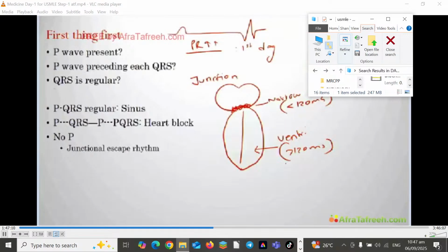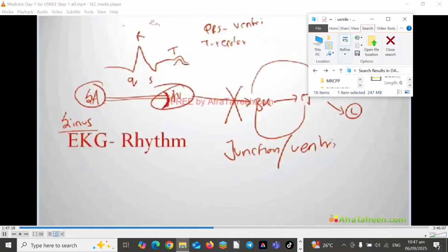When you are talking about the QRS complex, you are talking about this complex. What this means is, is the electricity being conducted down a conduction system, or is it being conducted down the muscles?